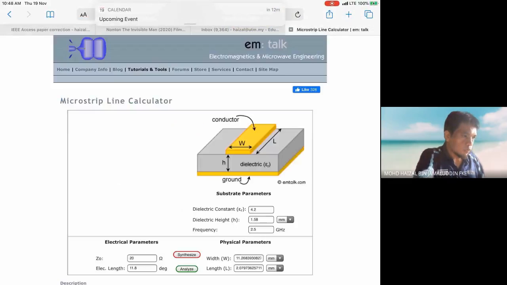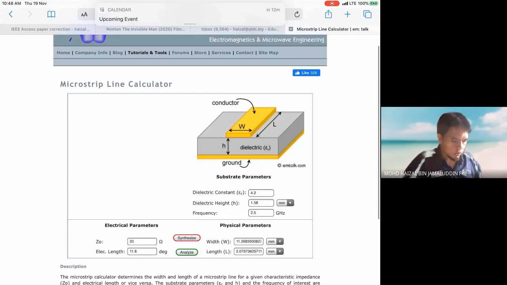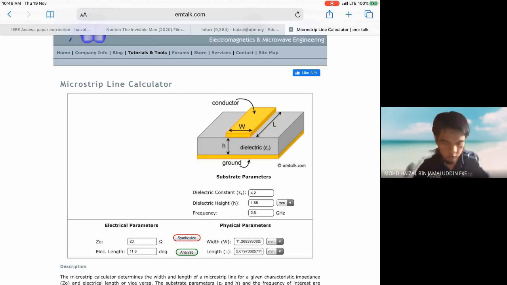All right, we compare with the book here. From this line calculation, we get the value of width around 11.27 mm and the length of 2.08 mm.